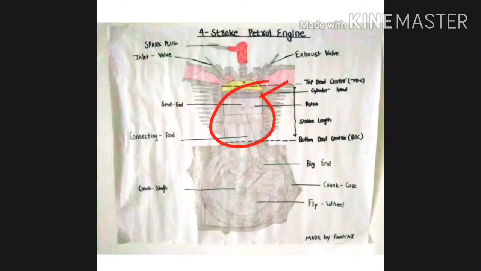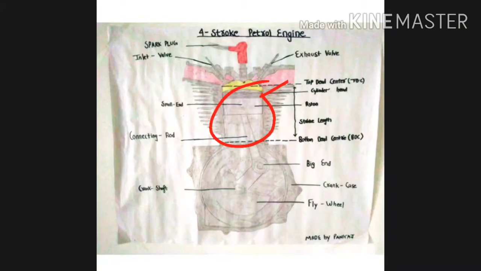The topmost point the piston reaches is known as the top dead center, commonly known as TDC. And the bottom point the piston moves to is called BDC, bottom dead center.